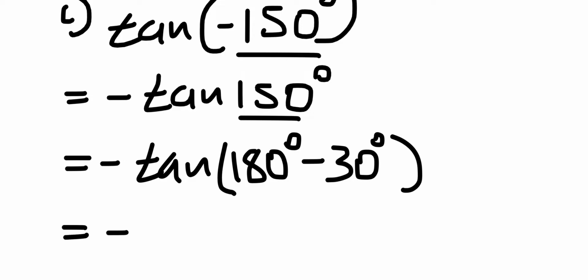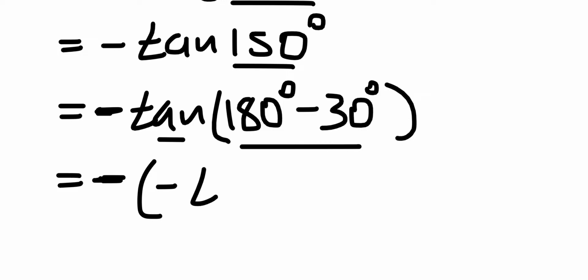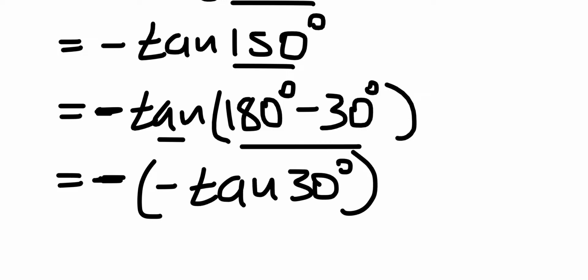So in this quadrant, being the second quadrant, is tan positive or negative? It is negative. So remember, I started with the original negative. Be careful of this. That's why you get it wrong. Therefore, you will have to say negative tan of 30 degrees.